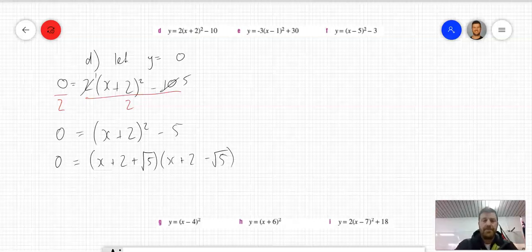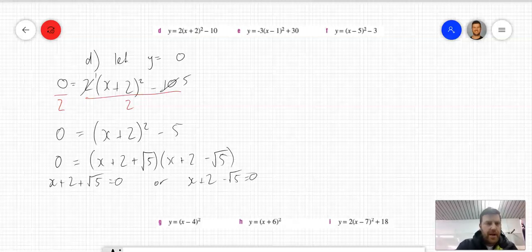If I was to go through the whole process again, it would tell me that if x plus 2 plus root 5 equals 0, or x plus 2 take root 5 equals 0, then x equals minus 2 take root 5, or x equals minus 2 plus root 5. Sometimes it's just written as minus 2 plus or minus root 5.